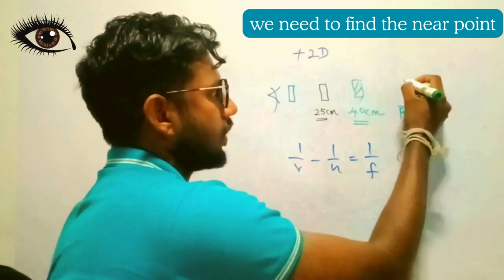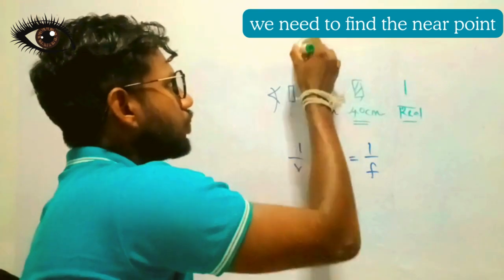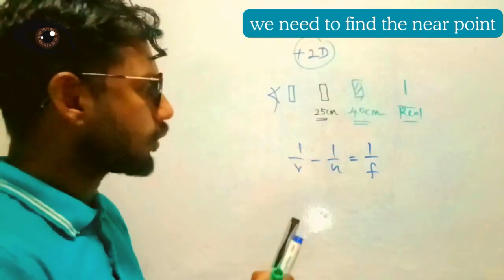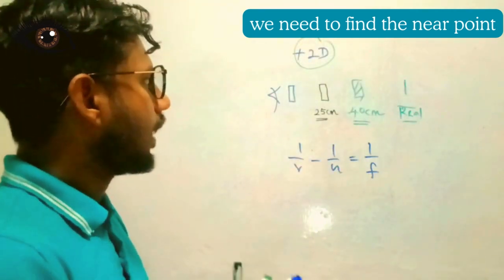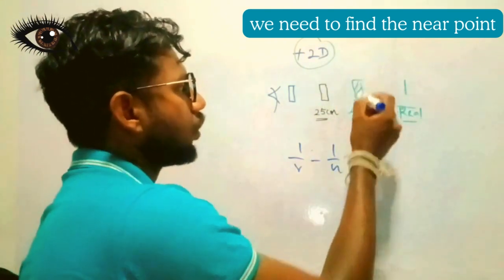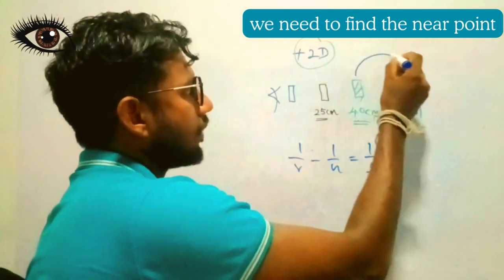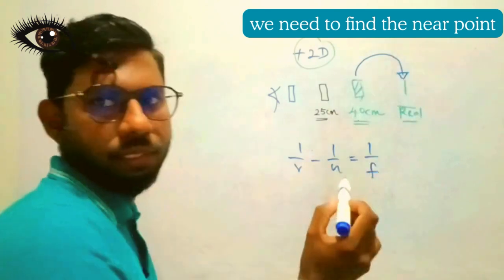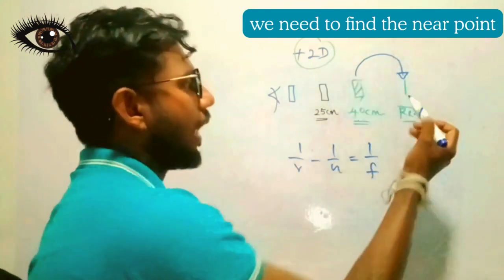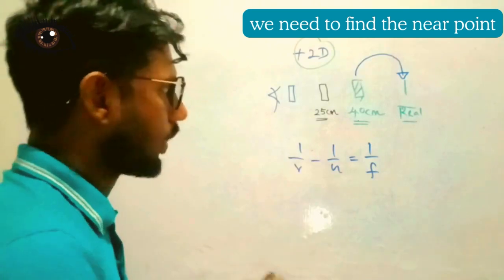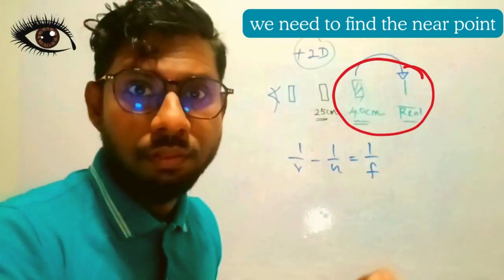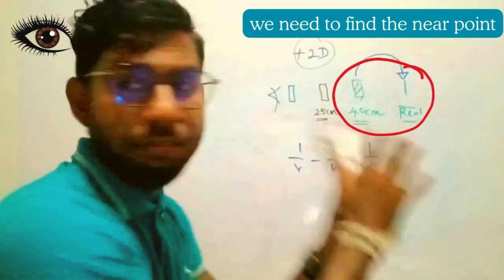This plus 2D lens is creating an image of this book at the real near point. So the real near point is the image distance.